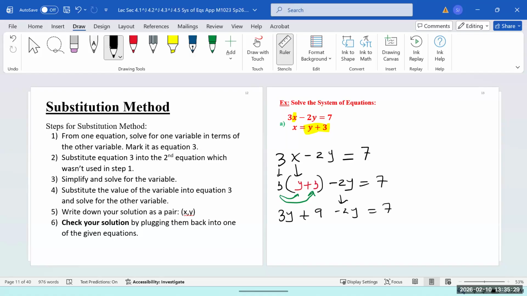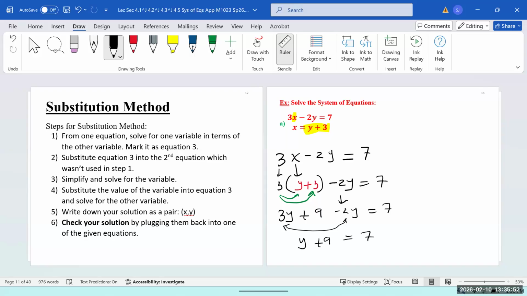How many variables do you have in this equation? One variable, but you see it twice. So they are like terms. So we can combine them. So what do you get? 3y minus 2y, 1y, and we have plus 9 equals 7.